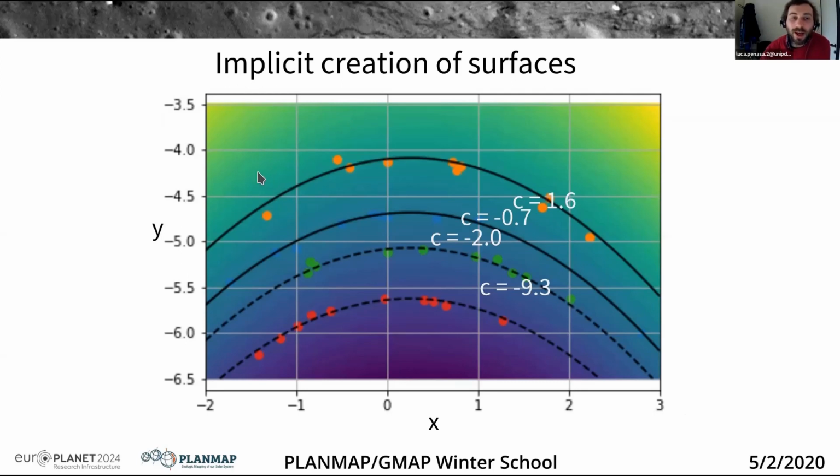It should be a scalar value function. Here we are representing that function with different colors, so different colors correspond to different numbers.